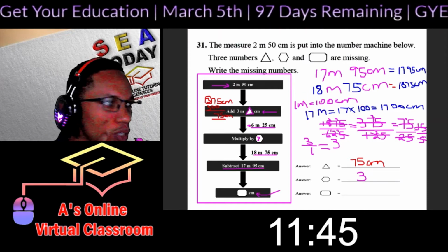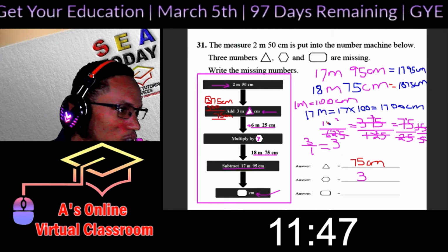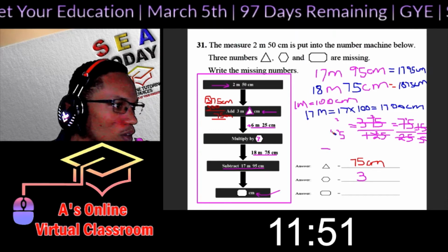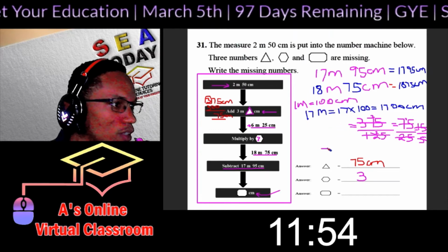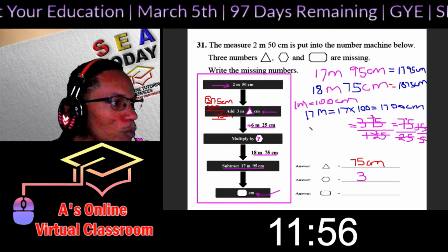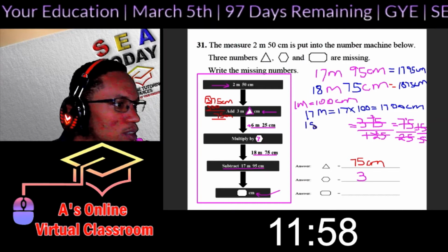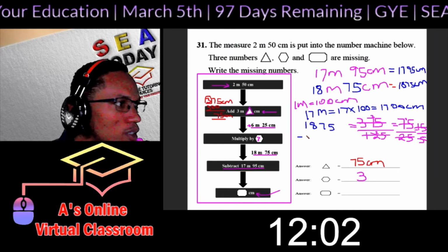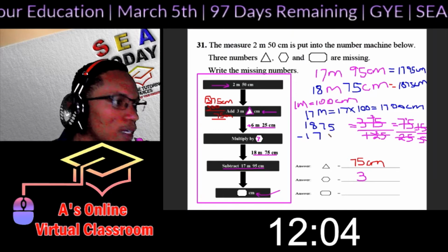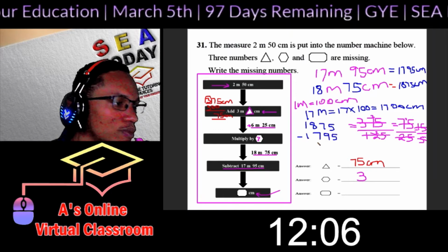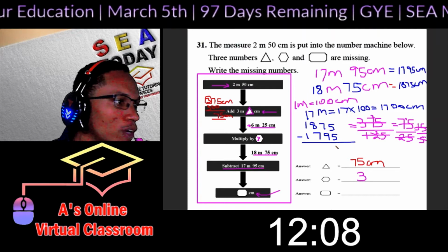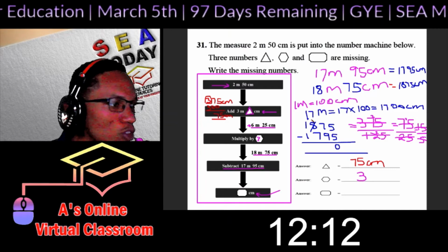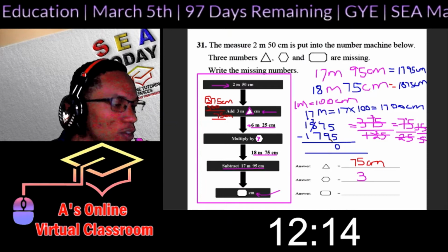So let's do that. Make a little space. Right here should be fine. So we have the bigger number on top, 1875, take away 1795. 5 take away 5 is 0. 7 cannot take away 9, so you borrow 1 from the 8, which is 7.